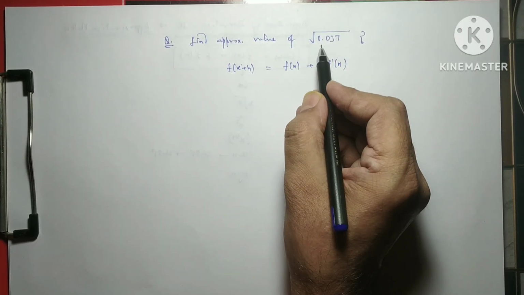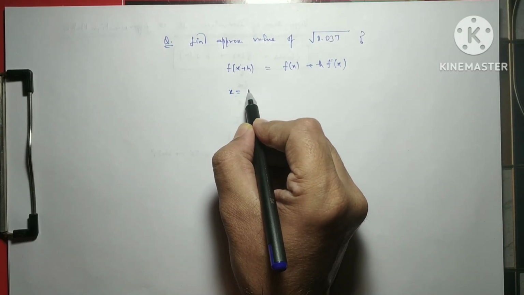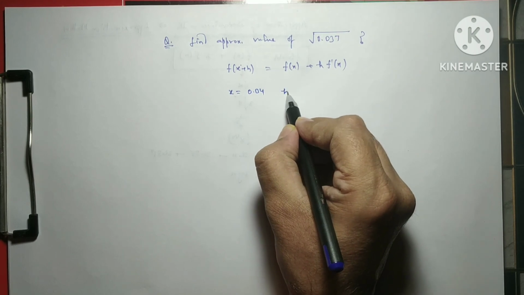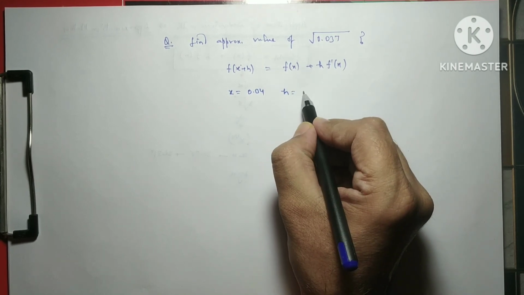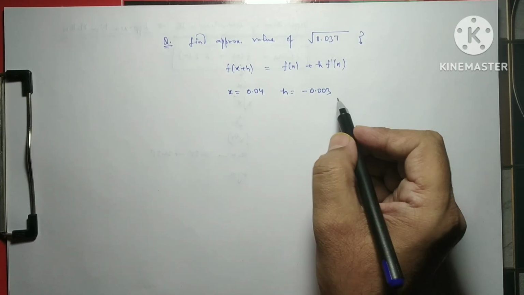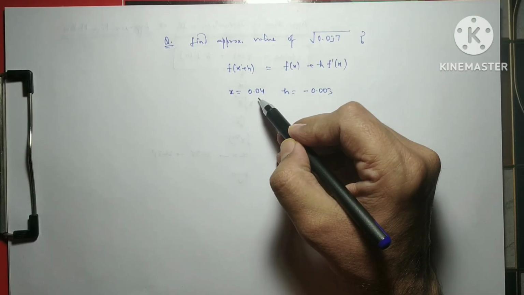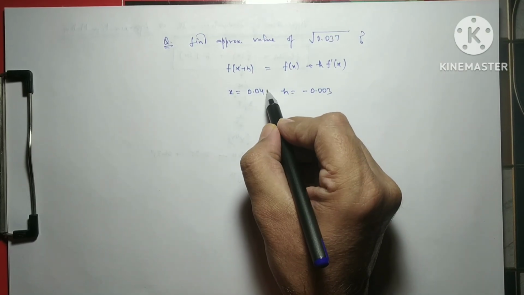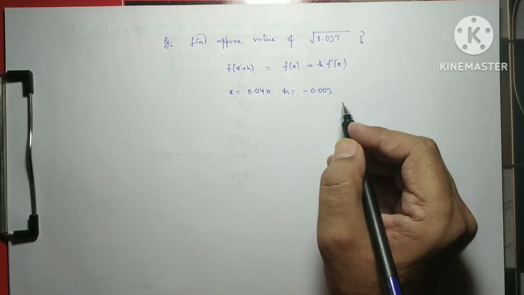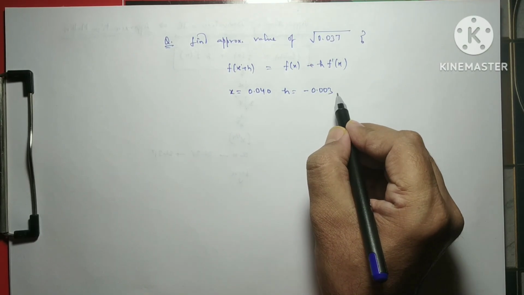In this we should select the value of x, that is 0.04, and the value of h will be minus 0.003. Why are we taking it minus? Because the required value is lesser than its assumed value. This is 0.040 and this is 0.037, so it is a lesser value. That's why the variation is minus 0.003.